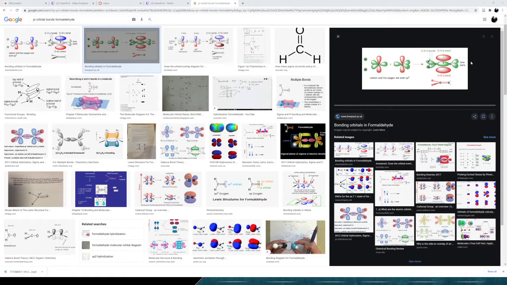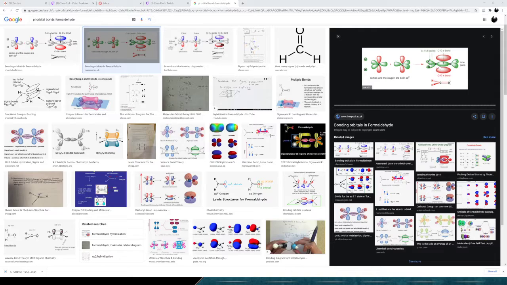Switching over. So, our green ones are going to be our hybrid orbitals. Those 3 are bonding with the H's and the oxygen, forming our single bonds. We have this red p orbital that's going up and down. When these form the bonds, we make the sigma bonds between the carbons and the hydrogens using their hybrid orbitals.